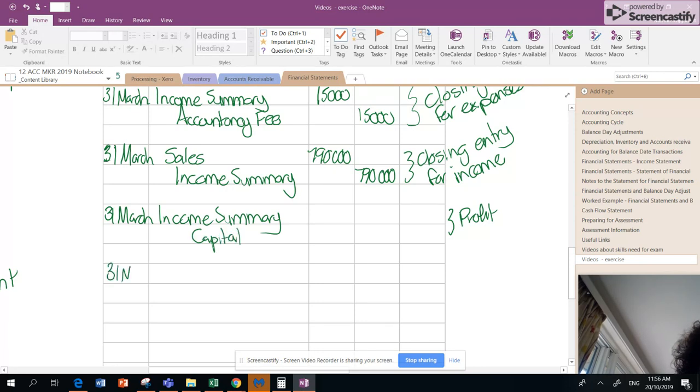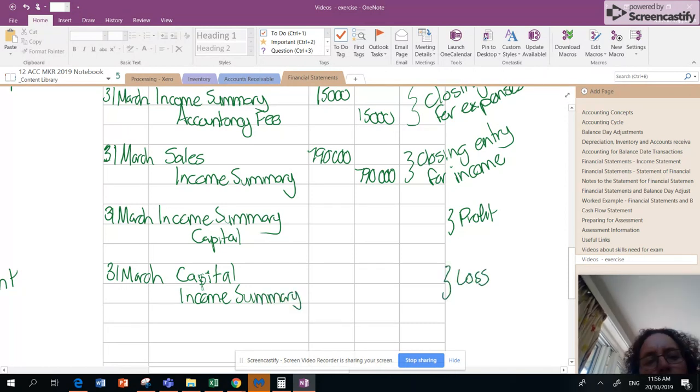If we were a loss, we would be debit capital, credit income summary. Okay, and so that would be for a loss.